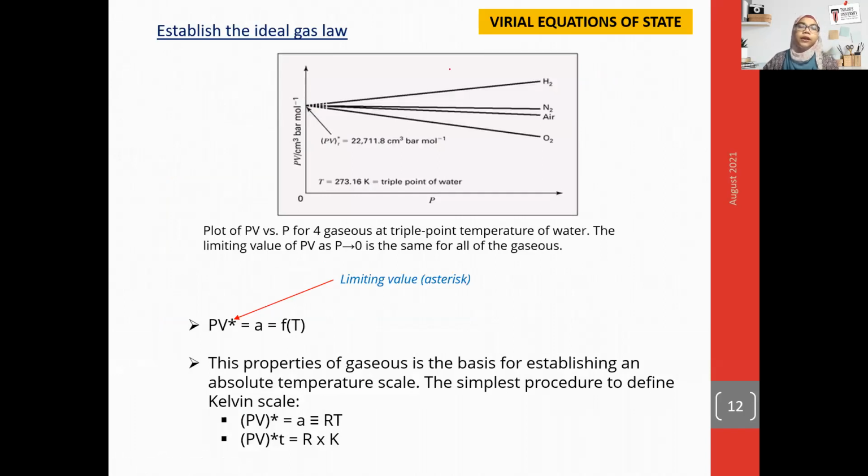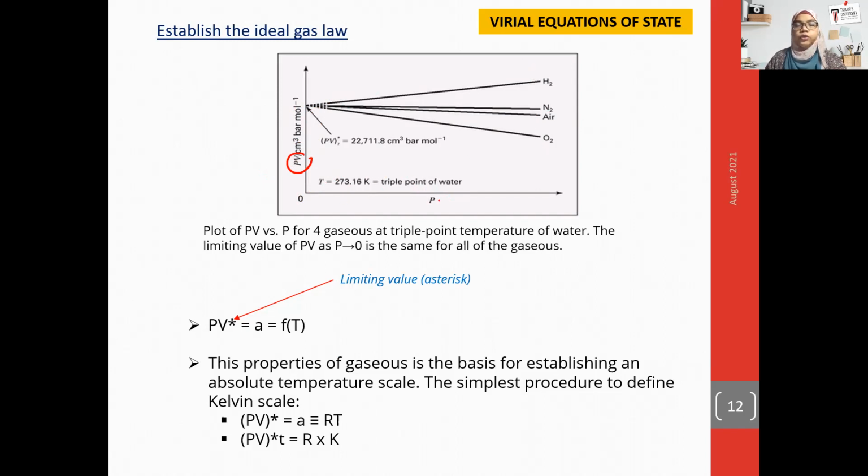Okay, back to the ideal gas law. Since the ideal gas law is the simplest form for the EOS, equation of state, let me show you how the ideal gas law is established. If we plot PV versus P at 0 bar, we have the same value of PV for all the gases.